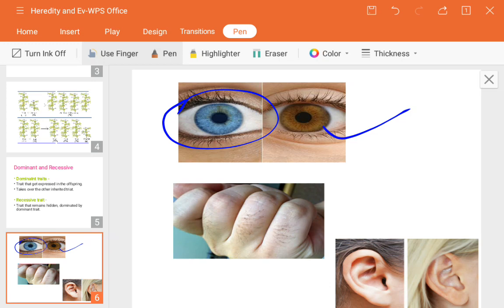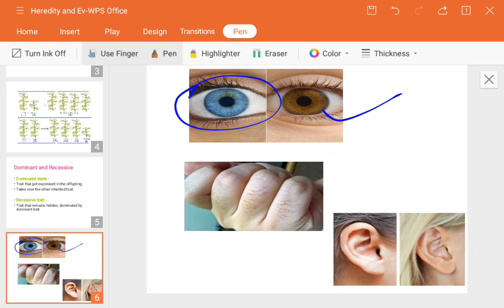Now, hair on the top of a finger. What happens, guys? Most people have hair on the top of the finger. I'm talking about the major number of people. But in rare cases there are people who have the recessive character, and they don't have hair on the top of the finger. That happens in rare conditions. The common thing is that in most cases hair is present on the top of the finger.